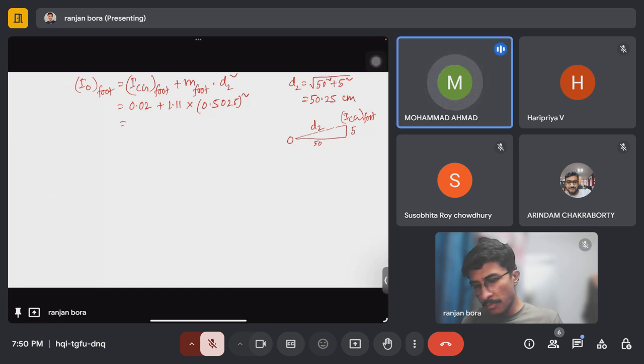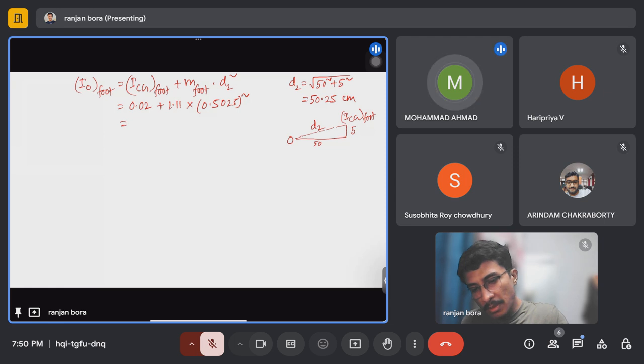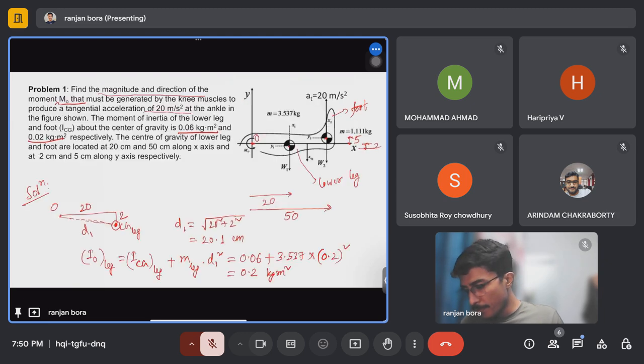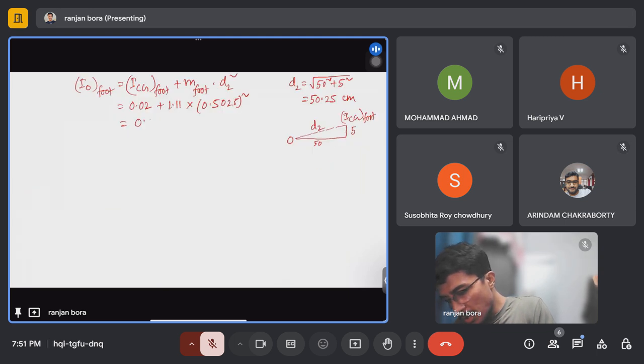So what is the mass of foot? Is it given? Yeah, it is given. See this one, 1.1. Okay. So it is coming 0.3 kg meter square.